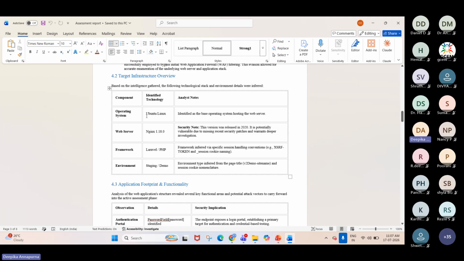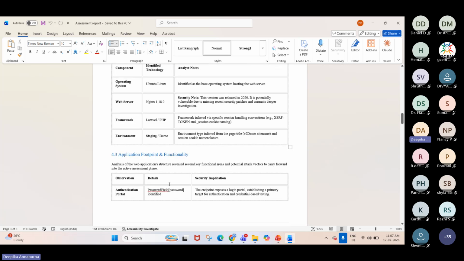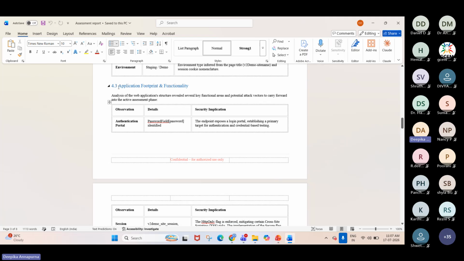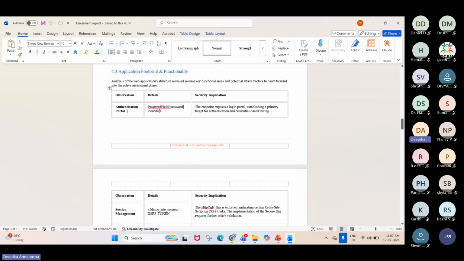What is the target infrastructure? The operating system is Ubuntu, the web server is this, along with the framework and the environment. This is the staging environment they are testing on. What is the application footprint, or functionality? After analysis of the web application structure, here is what they found.